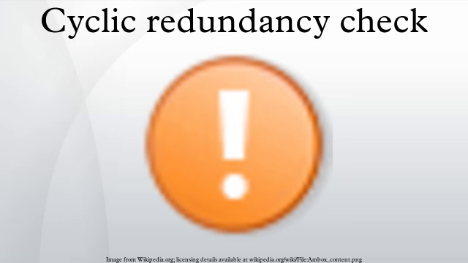If the check values do not match, then the block contains a data error. The device may take corrective action, such as rereading the block or requesting that it be sent again. Otherwise, the data is assumed to be error-free.